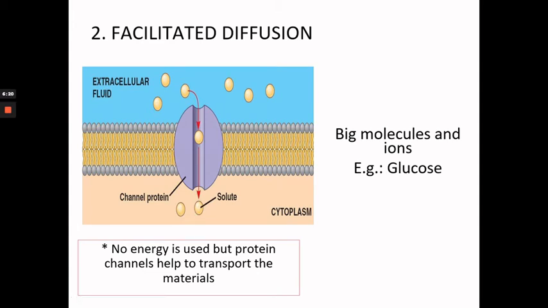Maybe because the materials are a bit large, like glucose, or they simply cannot pass the phospholipid bilayer. Okay, so this is facilitated diffusion. There is no use of energy, but we need proteins to help to move the materials.